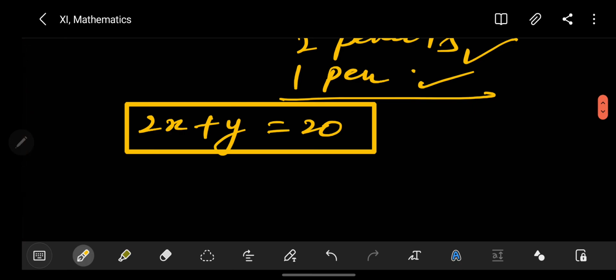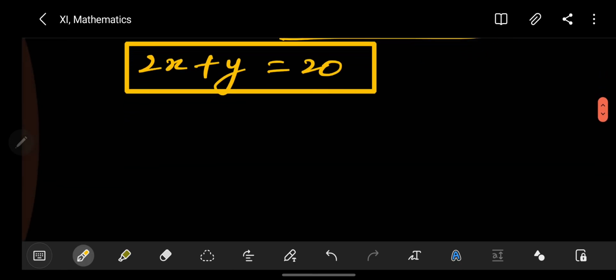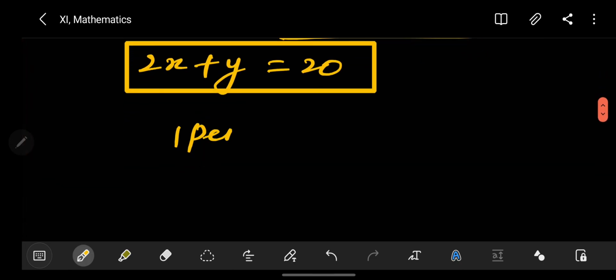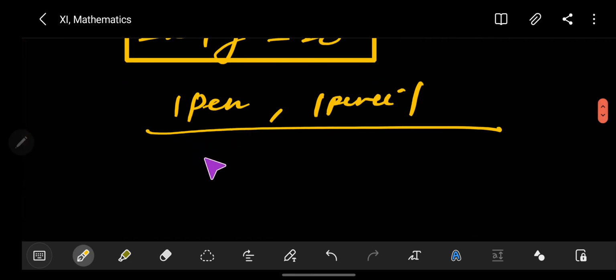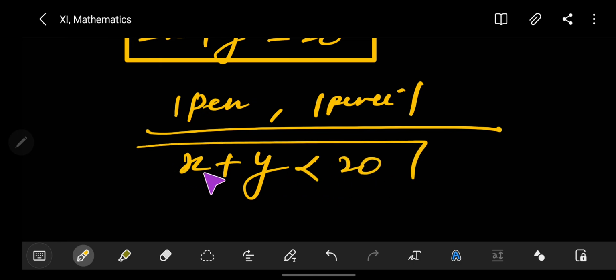However, the situation is different. Suppose you thought of buying only 1 pen and 1 pencil. In this case, the equation looks different. How does it look different? Let's see. You got 20 rupees in your pocket. So you write x plus y, that is the cost of a pencil plus y, the cost of a pen, is less than rupees 20, isn't it?